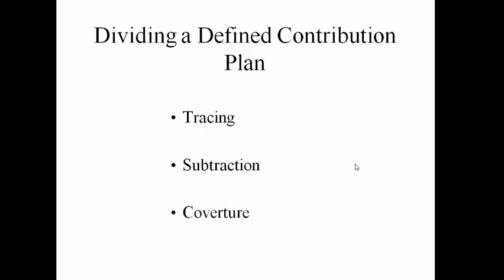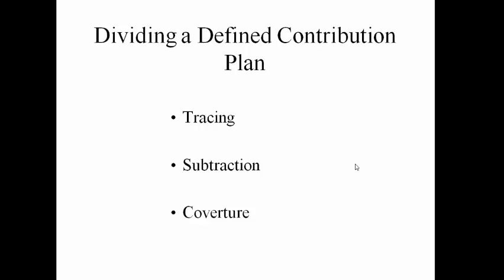And finally, the coverture method. Now, the definition of coverture means during a marriage. So when we talk about coverture in dividing retirement plan assets, we're talking about something that happened during the marriage.